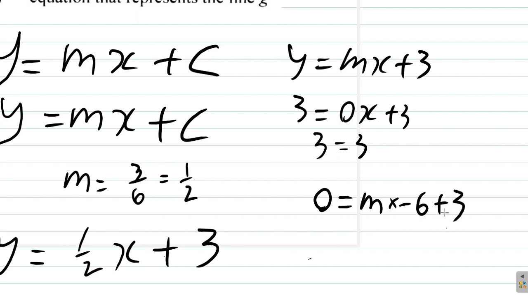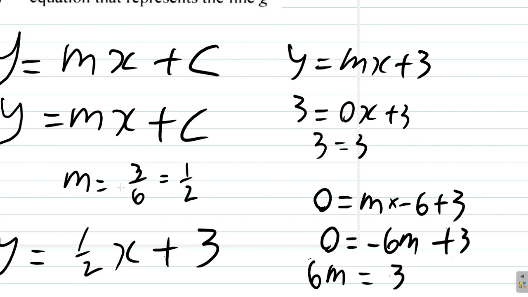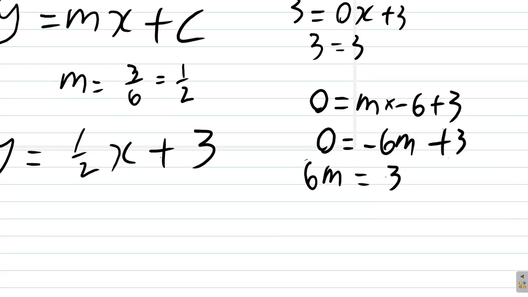Just looking at another way of doing it, because you usually have more than one way to work it out. So you have 0 is equal to negative 6m plus 3. If we add 6m to both sides, we'd have 6m is equal to 3. So here, m, the gradient, would be 3 over 6, which is a half.